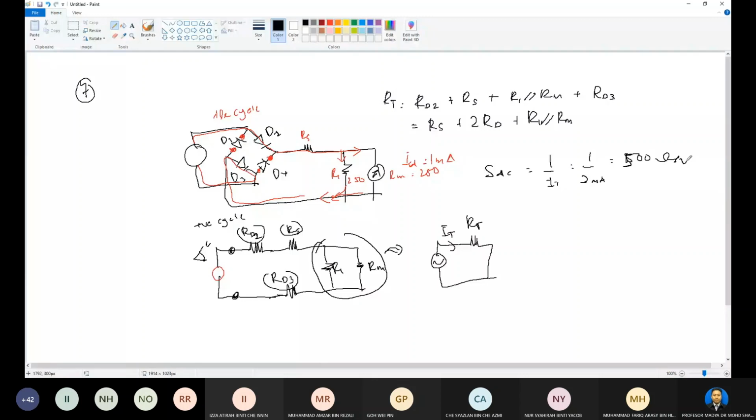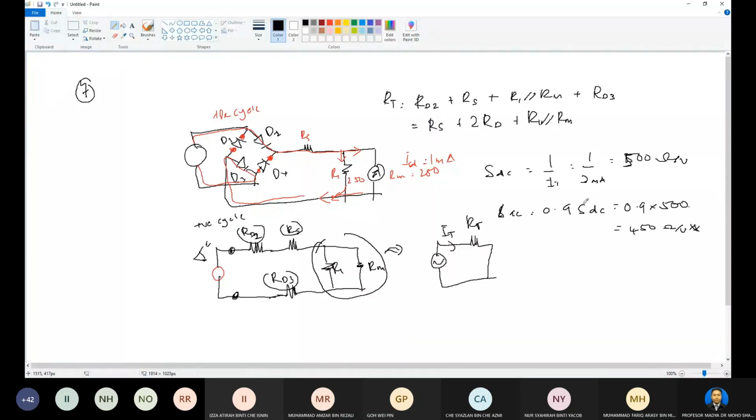Then calculate the sensitivity for AC, which is 0.9 multiplied by 500. The answer will be 450 ohm per volt. So this is the sensitivity for AC. You have to remember, for full wave rectifier we use 0.9, for half wave rectifier we use 0.45, the constant here.